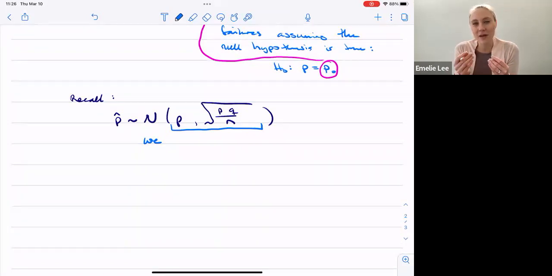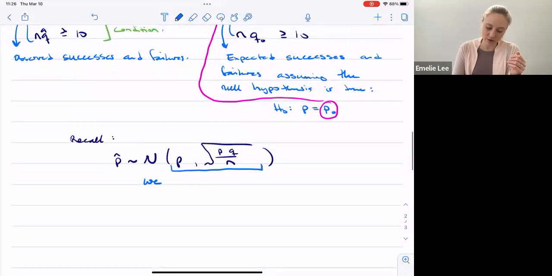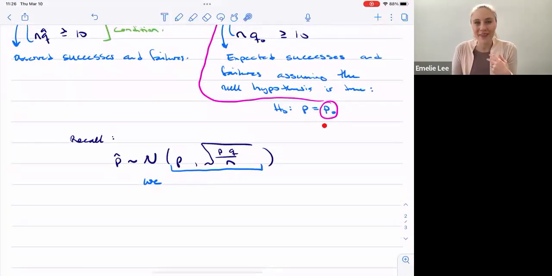Unless we have some hypothesized value for P, right? And so now in the p-value approach, that's when we're going to say, okay, I have a hypothesized value for P, so I'm going to use that instead.